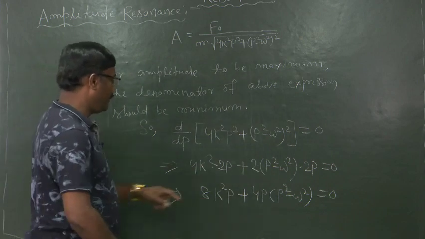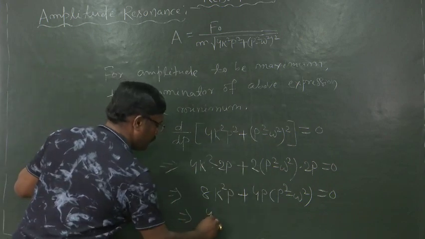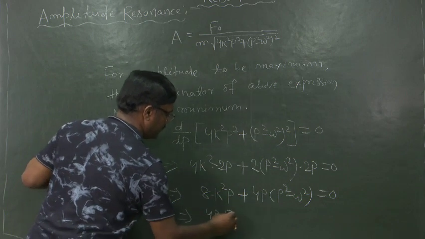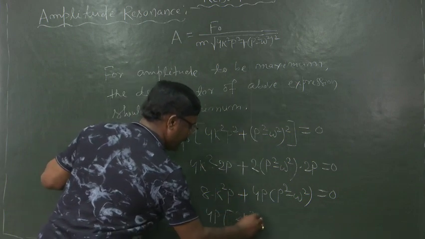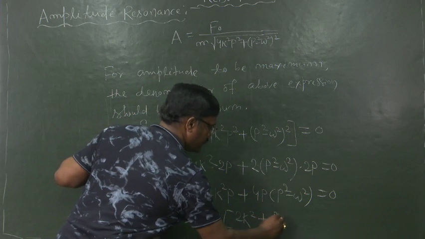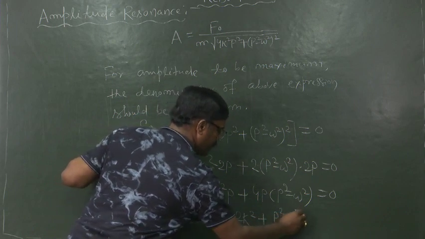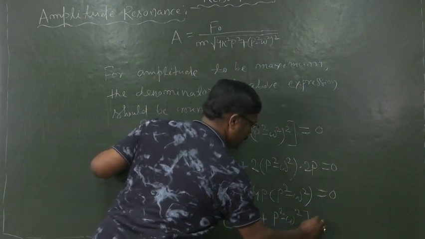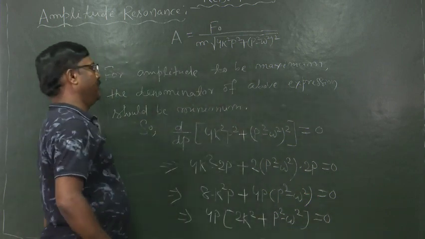Now taking 4p as common, we can write 2k square plus p square minus omega square is equal to 0.